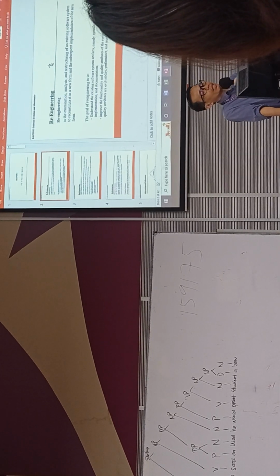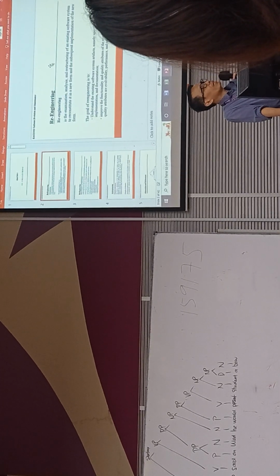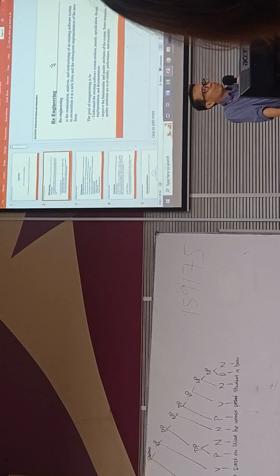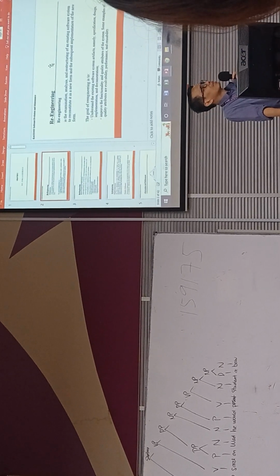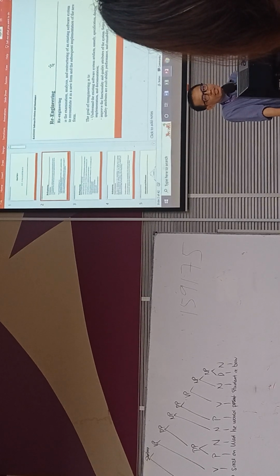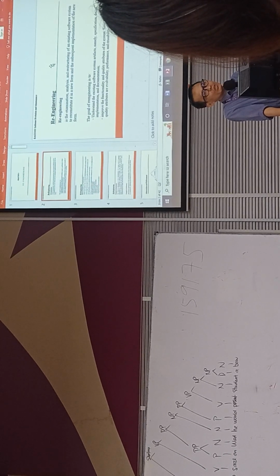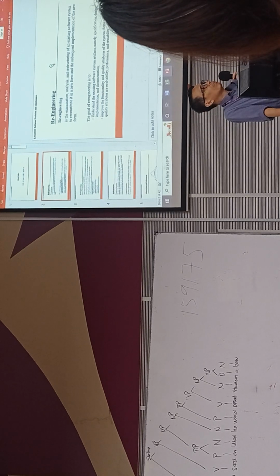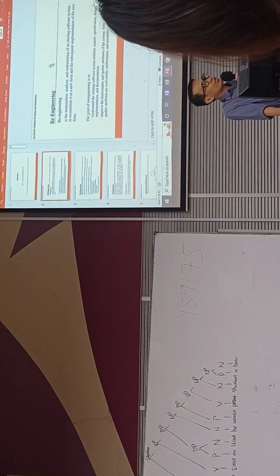However, during software maintenance, sometimes there may be an issue when we need to re-engineer the software. What do I mean by re-engineering the software? That's why this term software re-engineering comes in.